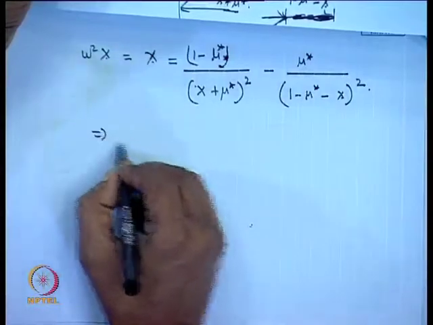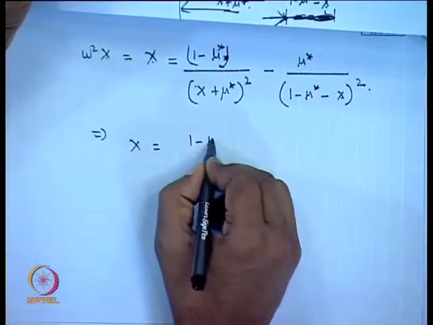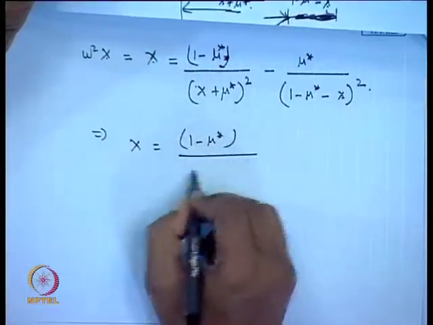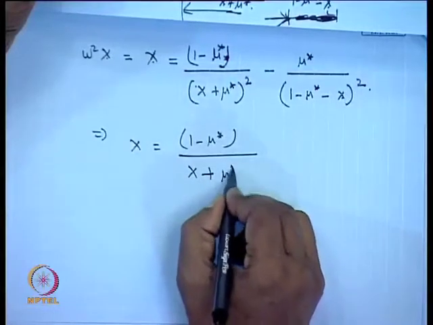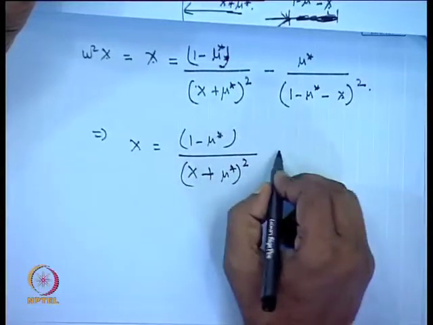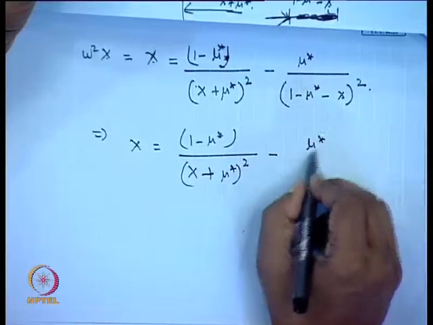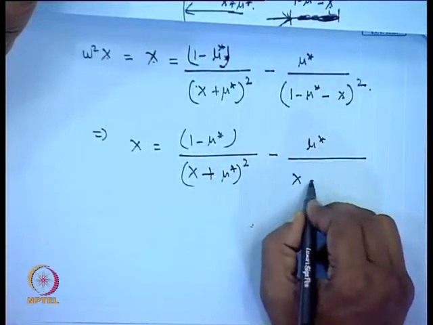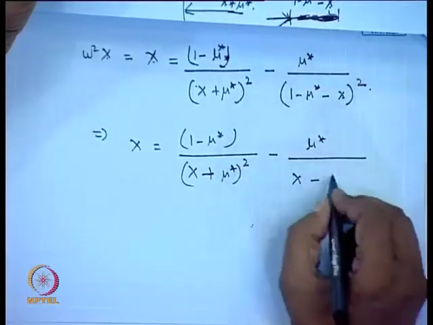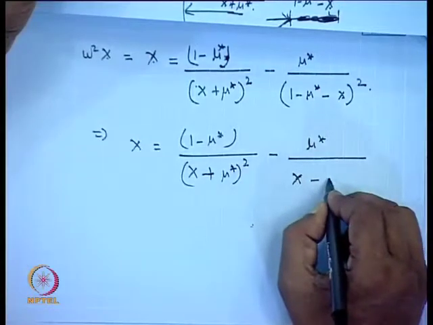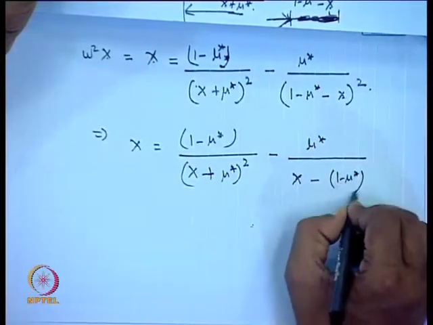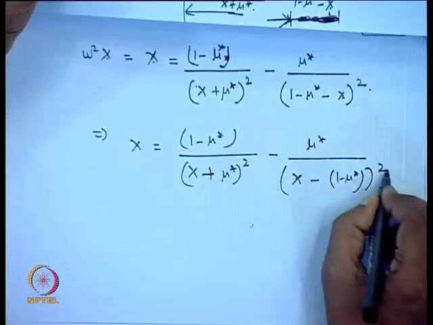Okay, so this implies x is equal to 1 minus mu star by x plus mu star whole square minus mu star divided by x. We can take out the minus sign and the square, obviously this will not matter. So, this becomes 1 minus mu star whole square.